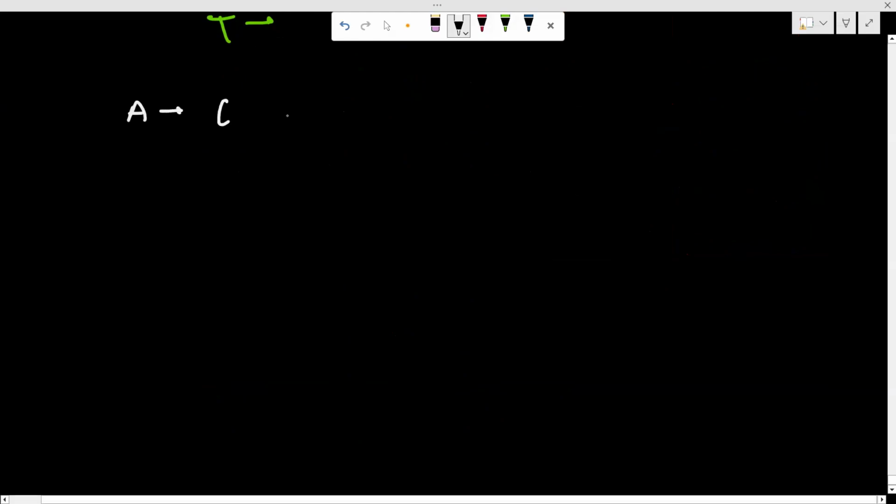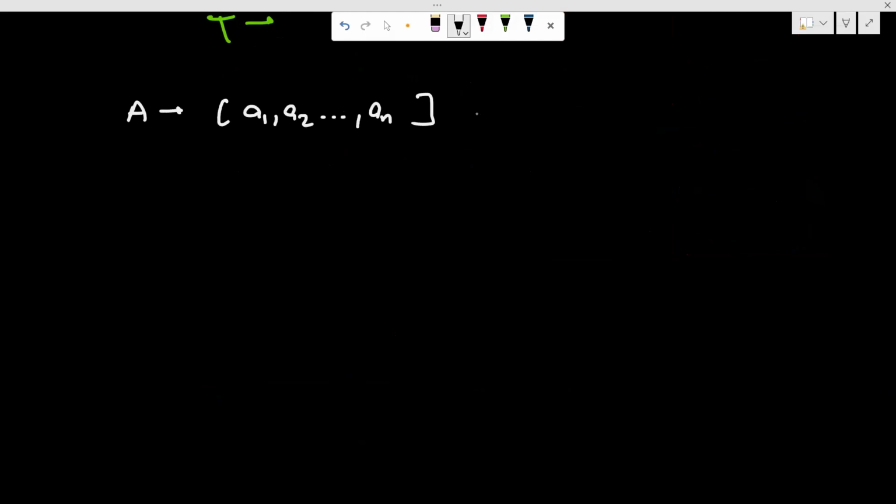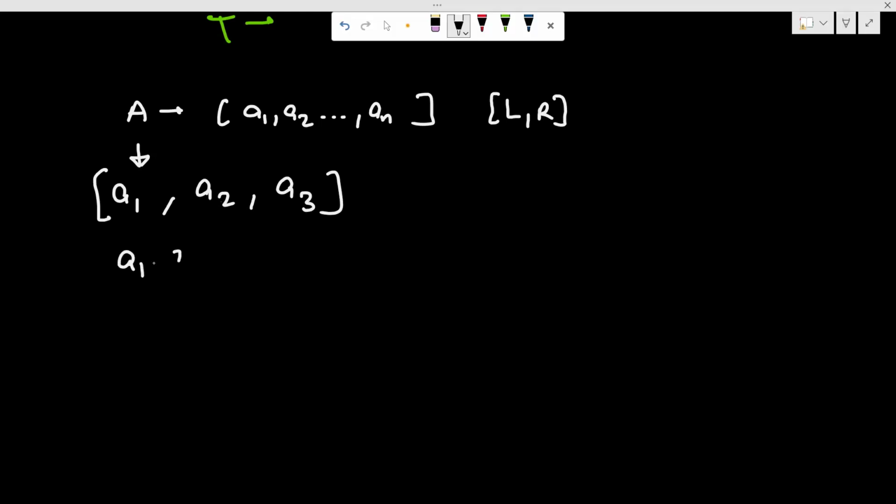You are given an array A, which contains n numbers: A1, A2 up till AN. And you are given a range L to R. Let's suppose for an example, I take A as A1, A2, and A3. I take only 3 numbers in A. What you're doing is, you are seeing all the possible pairs that can be formed and multiplying their XOR values. So what are the possible pairs in this 3 numbers array? One possible pair is A1, A2, so I calculate the XOR between A1 and A2.